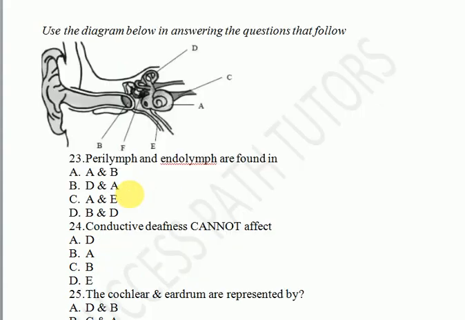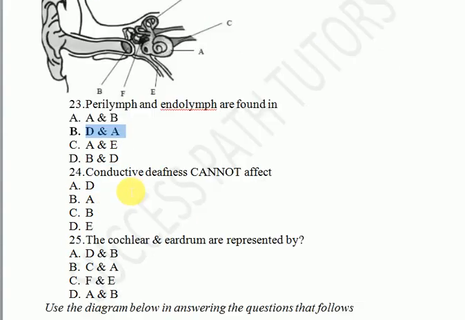Alright, so perilymph and endolymph are found where? They are found in A, cochlea, and D, which is semicircular canal. So that should be, okay, we have D and A. Conductive deafness cannot affect the inner ear. Conductive deafness most times affects the outer ear or middle ear.